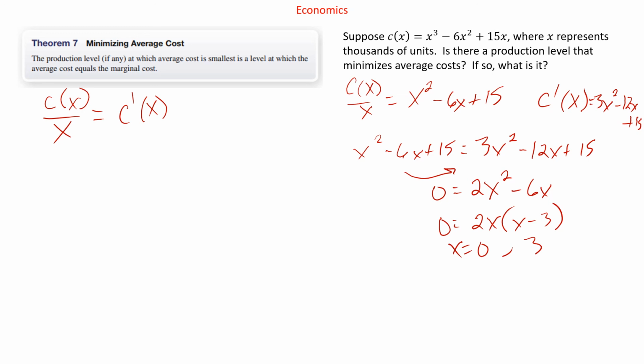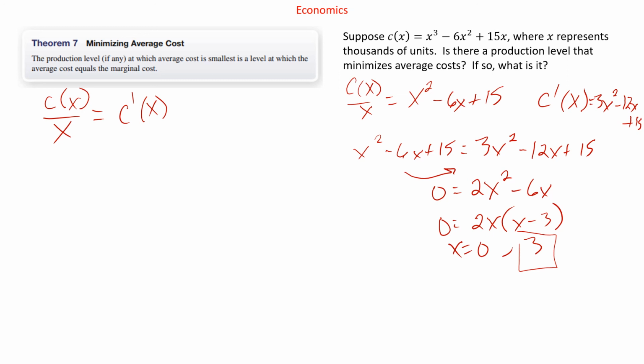It cost me nothing. There we go. And then if we made 3,000 units, so when x equals 3, that will give us the minimum average cost for actually making something. So 3,000 units is what's going to give us that cost.